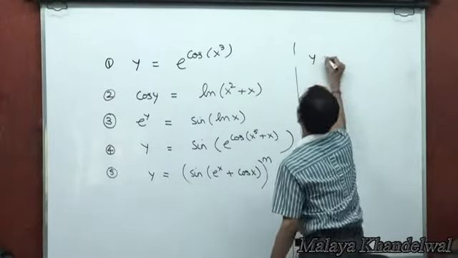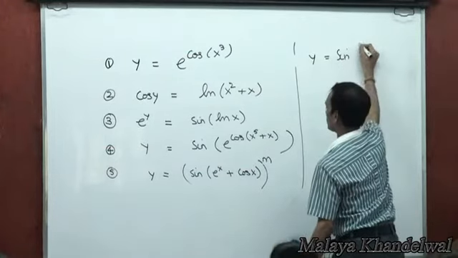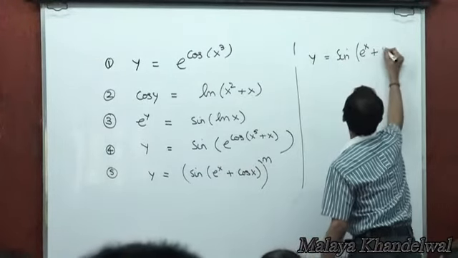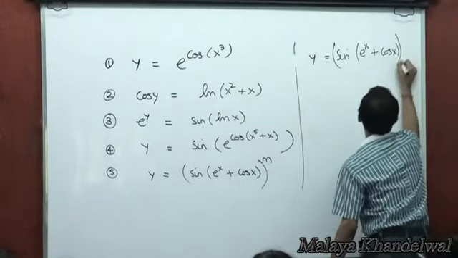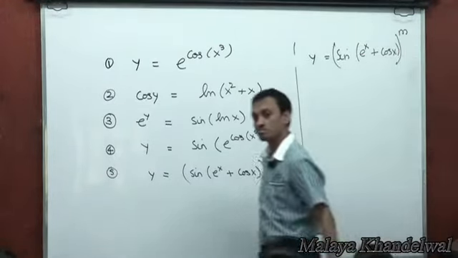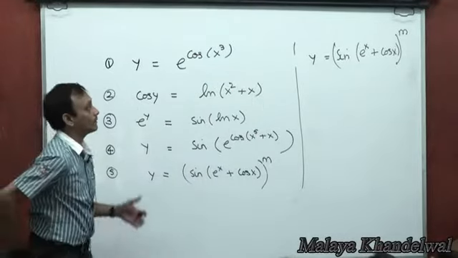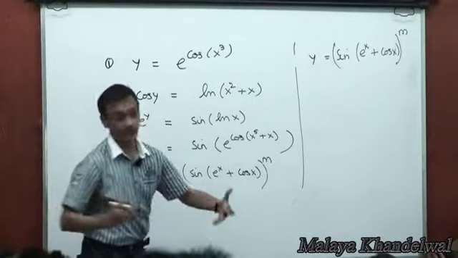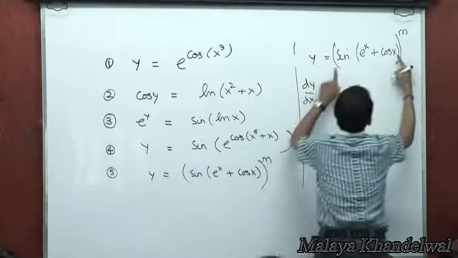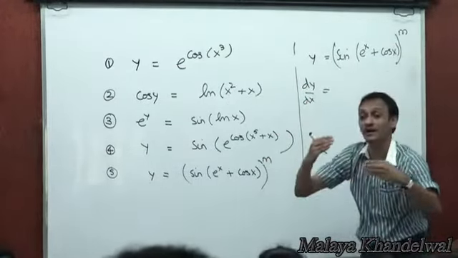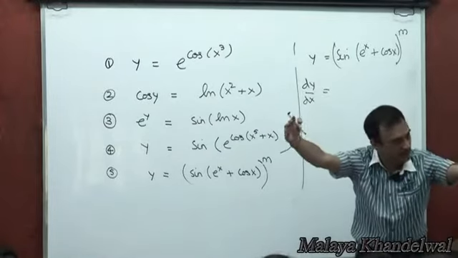Now, y is sine of e power x plus cos x, whole to the power m. Right? Again, go from outside to inside. Dy dx. This is something to power m, which is going to give me m into something to power m minus 1.